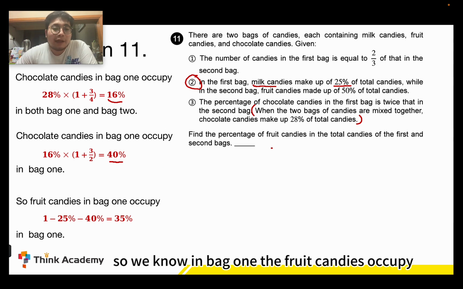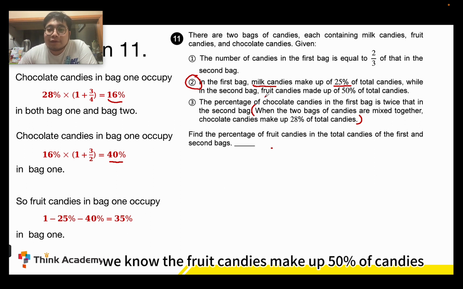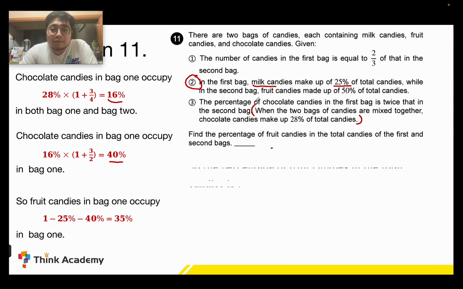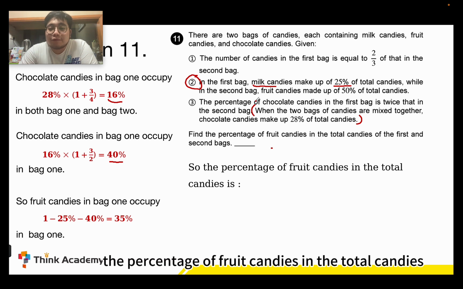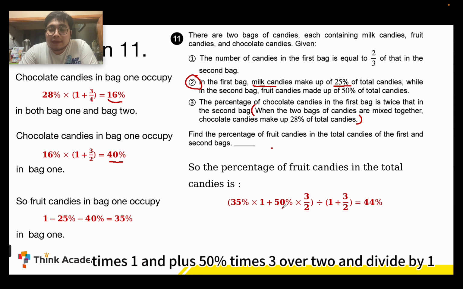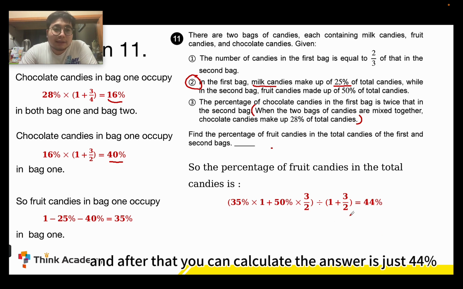So we know in bag 1, the fruit candies occupy 35%, and we know the fruit candies make up 50% of candies in the second bag, right? So the percentage of fruit candies in the total candies should be this percent times 1 plus 50% times 3/2, and divide by the total number. And after that, you can calculate. The answer is just 44%.